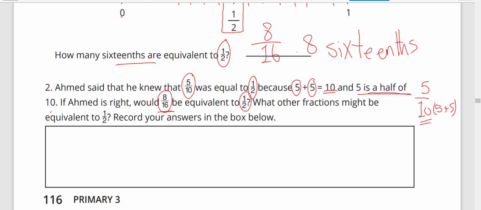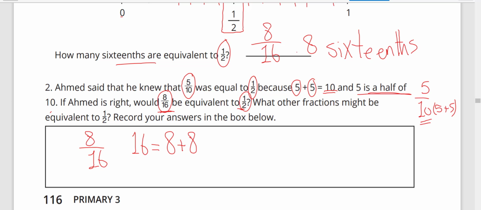Would 8 over 16 be equivalent to half? We know that 16 equals double 8, 8 plus 8.